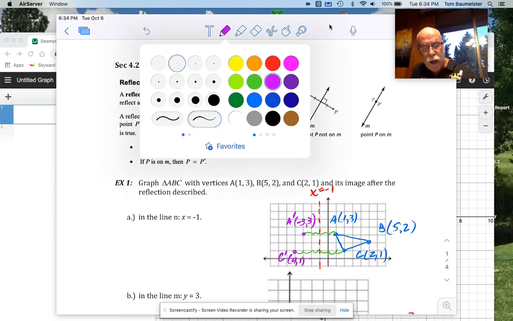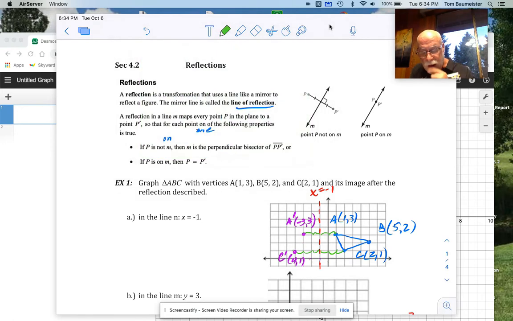And finally, let's go ahead and do our B. Again, I'm going to count from B. So there's 1, 2, 3, 4, 5, 6. So I'm going to go 1, 2, 3, 4, 5, 6 to that one there. That'll be my point.